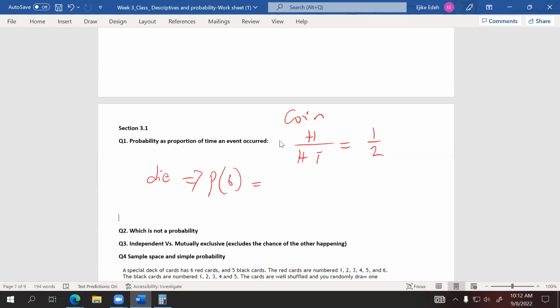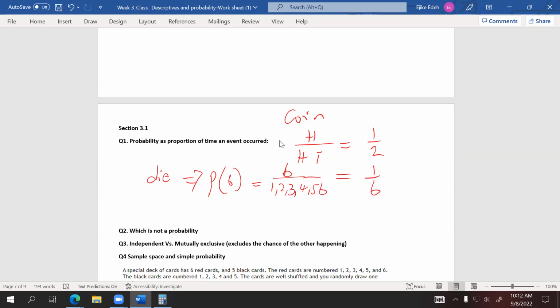There are 6 sides, there are 6 numbers. But there's only 1 six. There's 1 six, and there are 1, 2, 3, 4, 5, 6 possible items coming up, right? So the probability here is 1 out of 6.